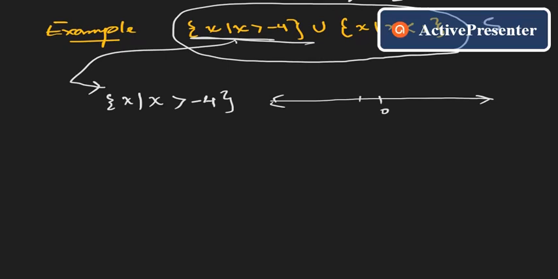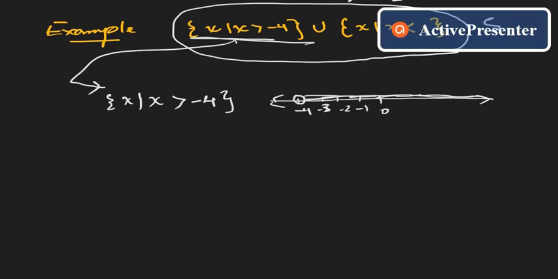0, minus 1, minus 2, minus 3, minus 4. So it is open here. X is greater, so it comes from here to infinity.